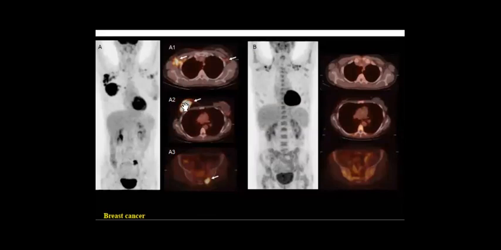So this is the breast cancer and this is the lymphadenopathy. So the metastasis in the left sacrum, yes, left sacral ala, and right axillary lymphadenopathy.